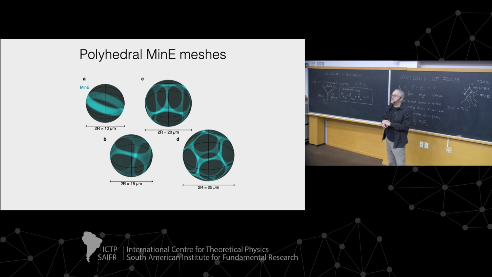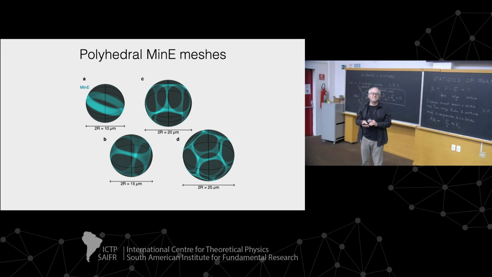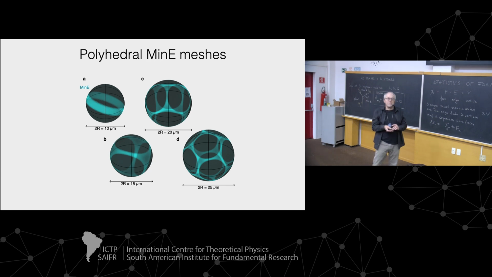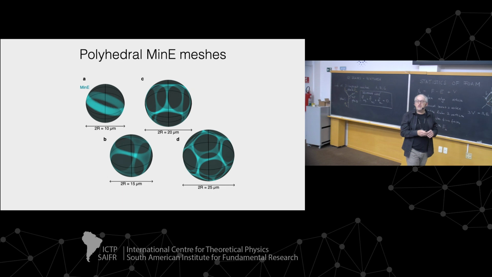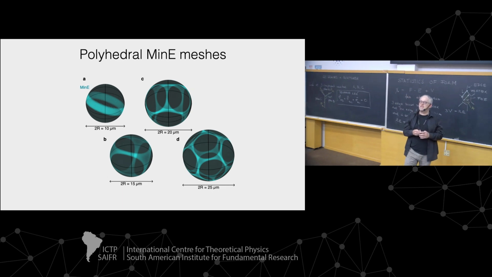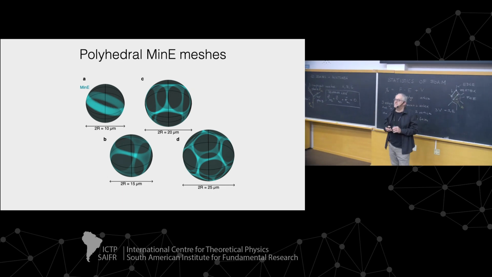But why would you do this in experiments? Cells are spherical? Yeah. Very obvious reason. But why would you do it in an experimental system? What would you gain, maybe? Any ideas?